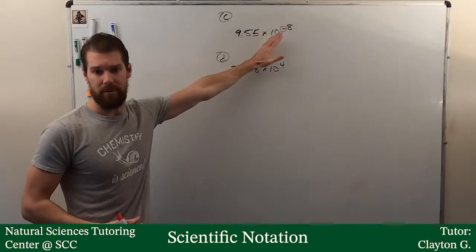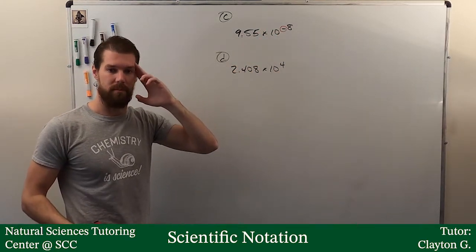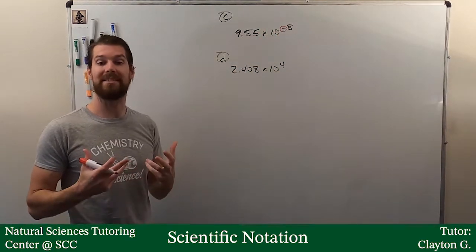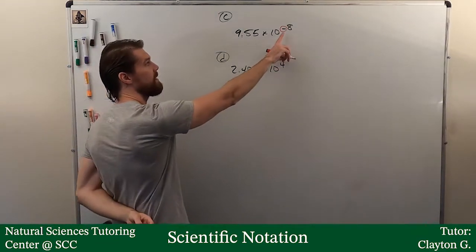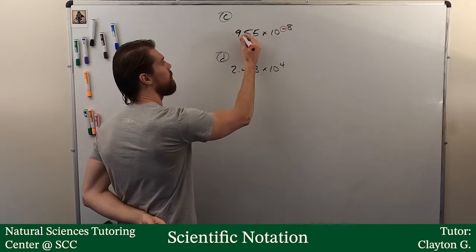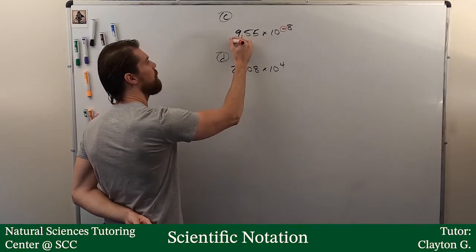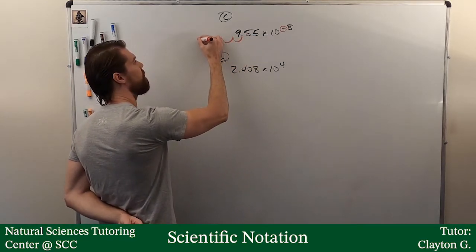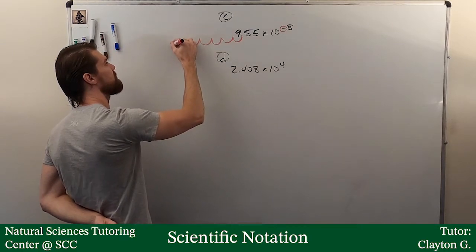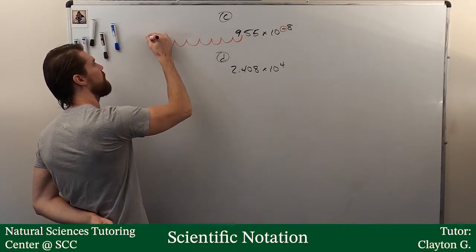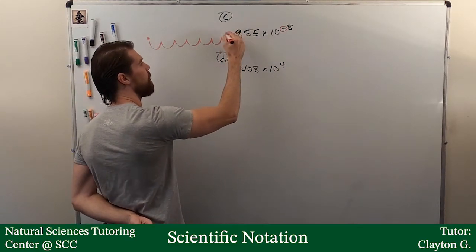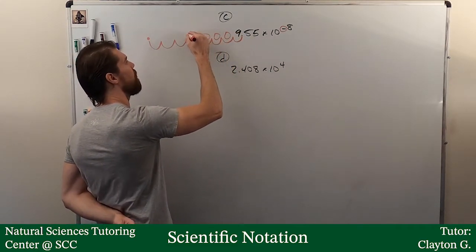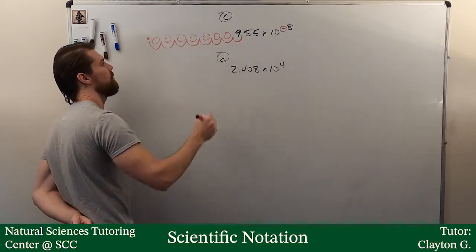And that's a huge number. So I'm going to use my common sense here, which is our best friend in any science class, and say, oh, this is negative, this must be a very small number, let's move it 8 times. 1, 2, 3, 4, 5, 6, 7, 8. Here's my decimal. Every little loop I have, I'm going to put a 0 in there. 1, 2, 3, 4, 5, 6, 7 zeros.